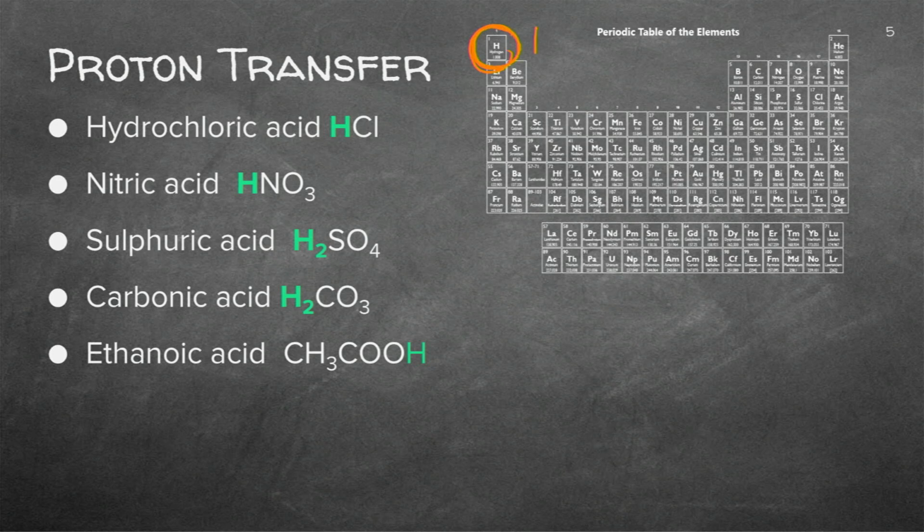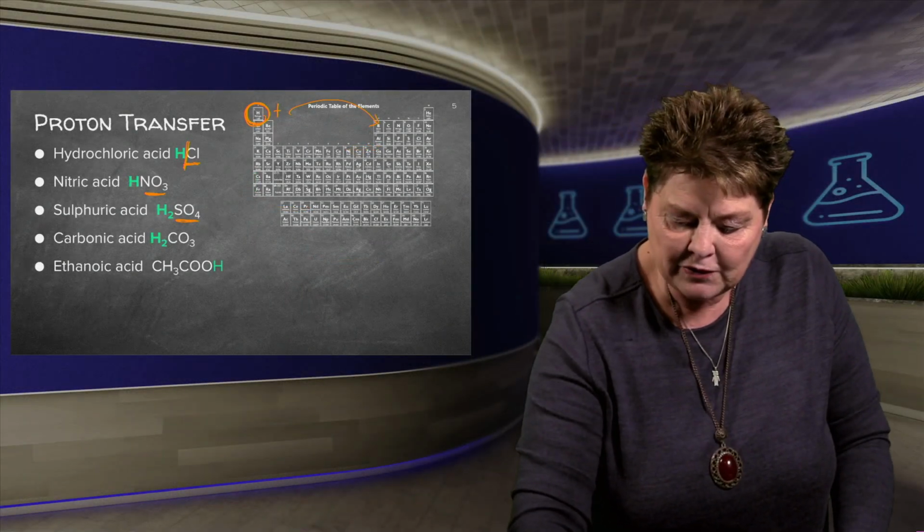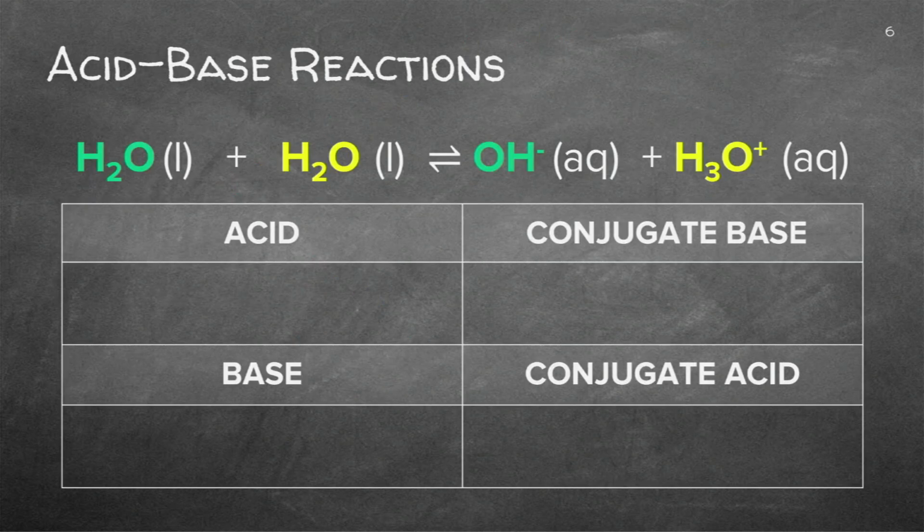This is the proton to the chloride, the nitrate, the sulfate. So you will actually take that bond there and it will donate. And can you see you're left with those ions now? Sulfate, carbonate, and acetate. So a proton being transferred is an acid, and that's the remaining definition that we are going to use.